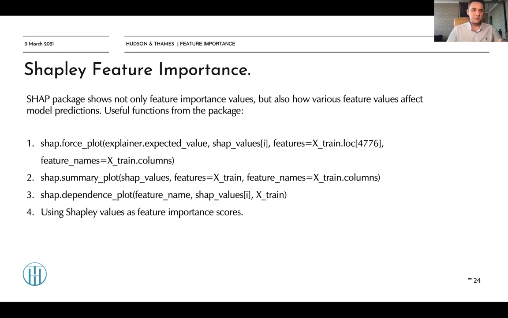Several useful functions from this package. The first one is the so-called Shapley force plot. Force plot decomposes the prediction of one sample.